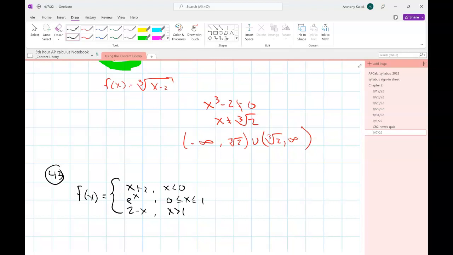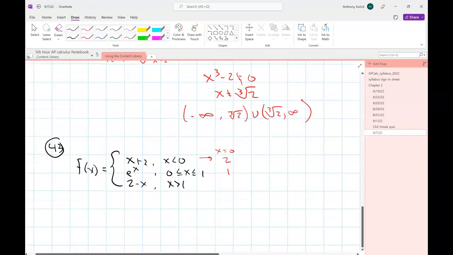Are you okay with that, Victoria? Okay. So if I do x equals 0, I'd get 2 and 1 here. So that's a discontinuity, right? From the first piece to the second piece, when I plug 0 in, the boundary value, their y-coordinates are different. That's going to be a discontinuity. Cool with that? And then we'll do the same thing down here.